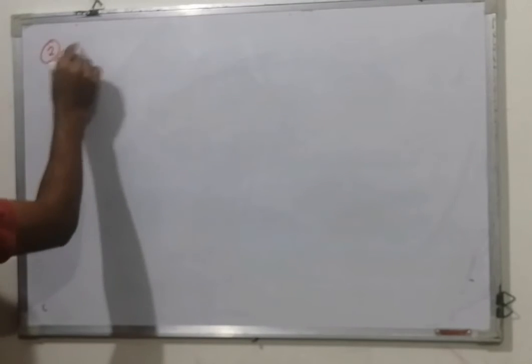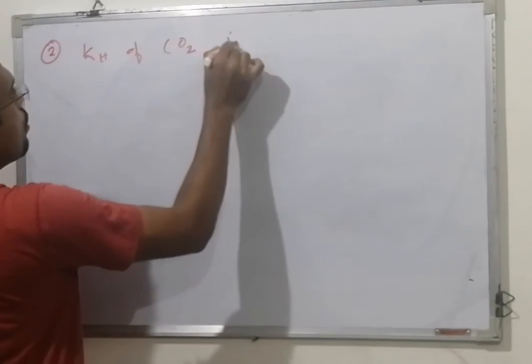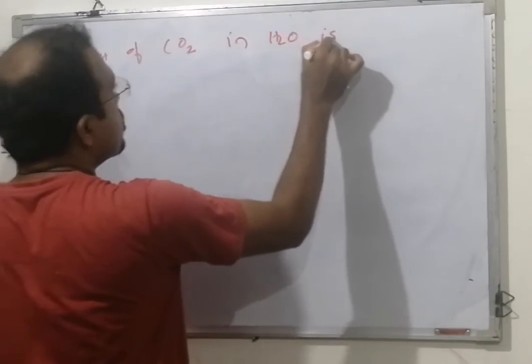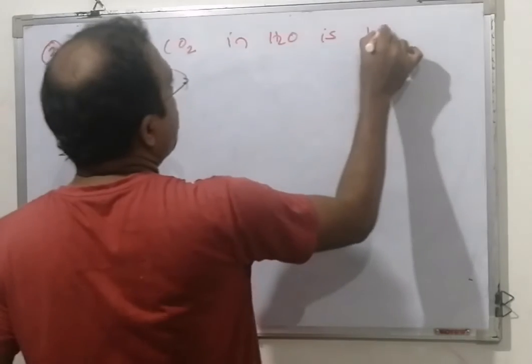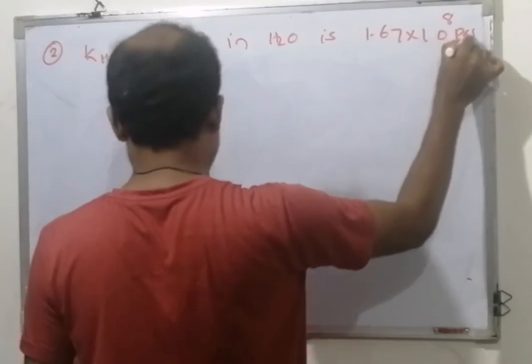Second question. KH of carbon dioxide in water is 1.67 into 10 raised to 8 Pascal.